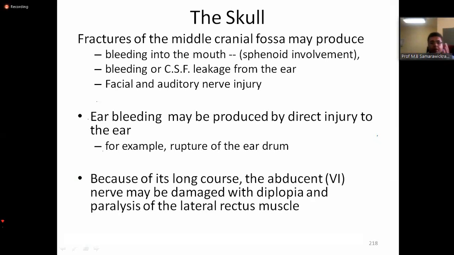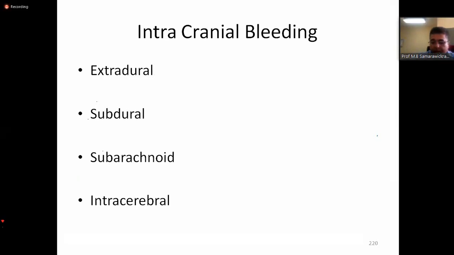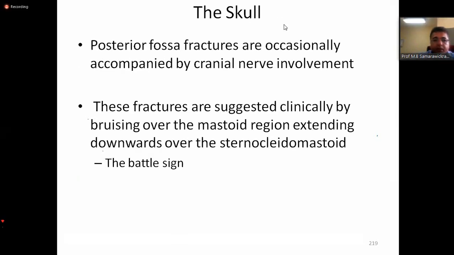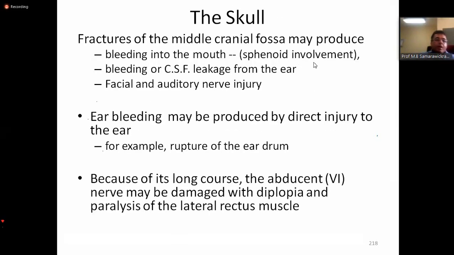On the other hand, a fracture of the middle cranial fossa can involve the tympanic cavity, because you know the middle ear is within the petrous temporal bone, and the sphenoid bone is the roof of your pharynx. So if the bone is fractured, bleeding into the mouth can occur, and CSF leak from the ear due to fracture of the middle ear and internal auditory meatus, where the facial and auditory nerves can get injured.